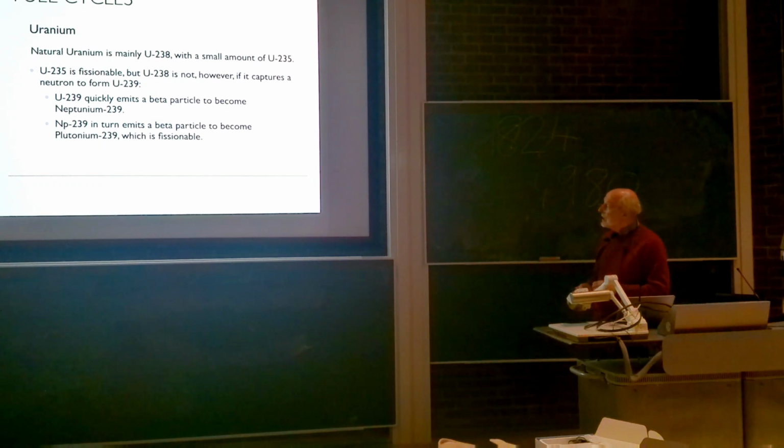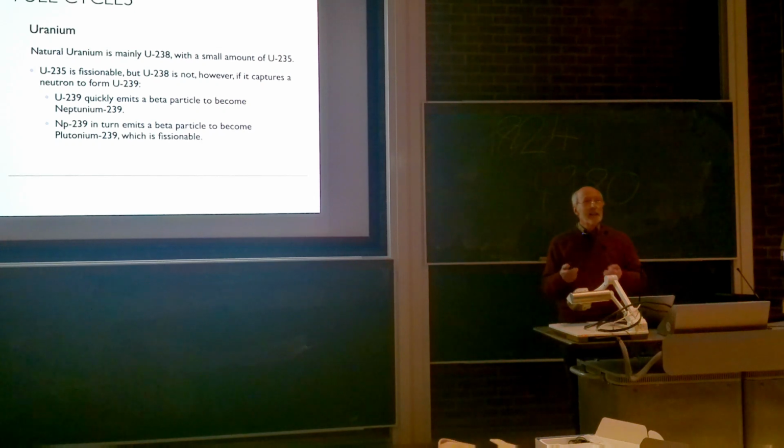However, if a uranium-238 isotope captures a neutron, then it becomes uranium-239, and that quickly decays to become neptunium, which in turn quickly decays to become plutonium. A beta particle, by the way, if that's not familiar, is really just an electron.